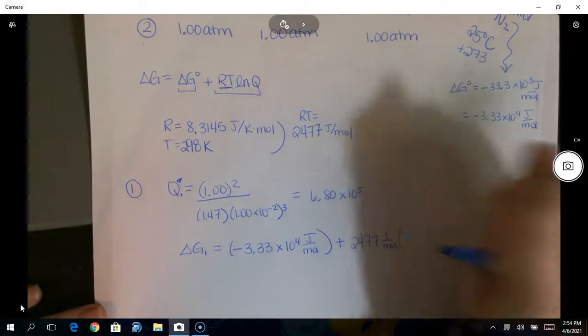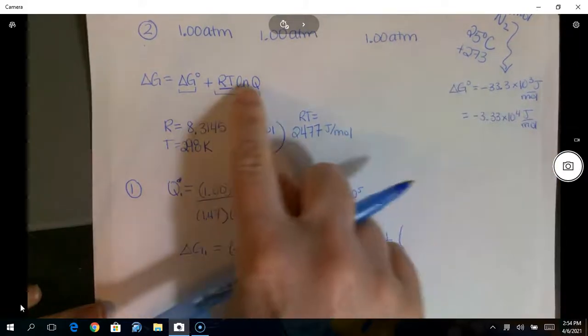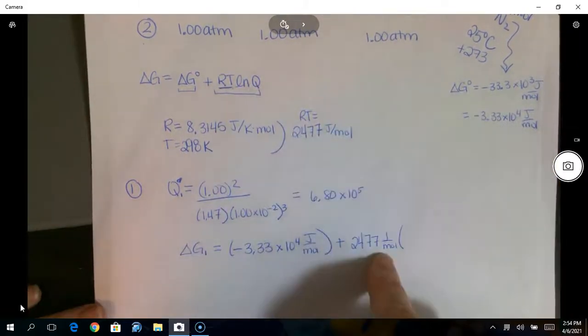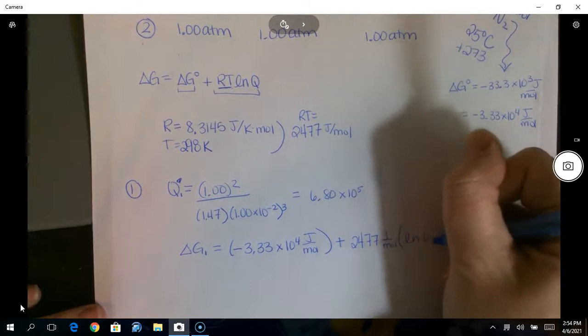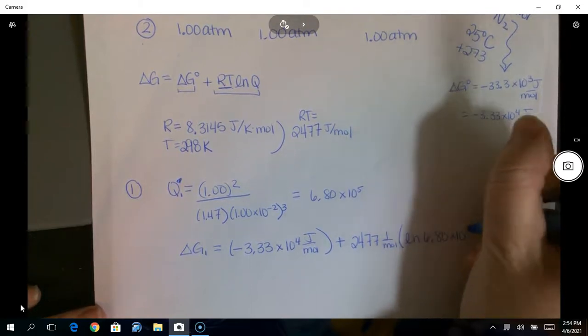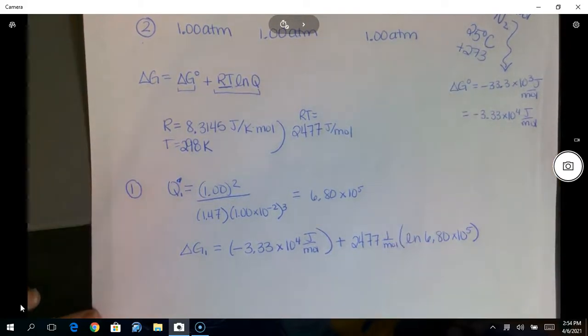And then it's multiplied by a number. So ln of Q has no units to it. It all keeps the joules per mole from here. So this is going to be the natural log of 6.80 times 10 to the fifth, which I can't do in my head.